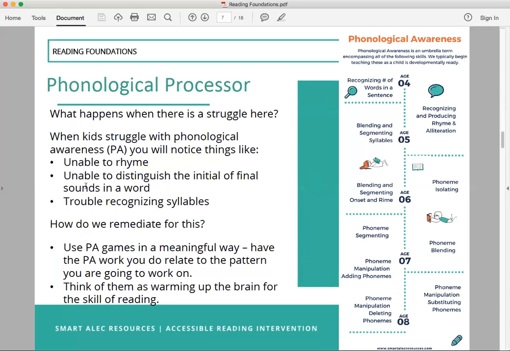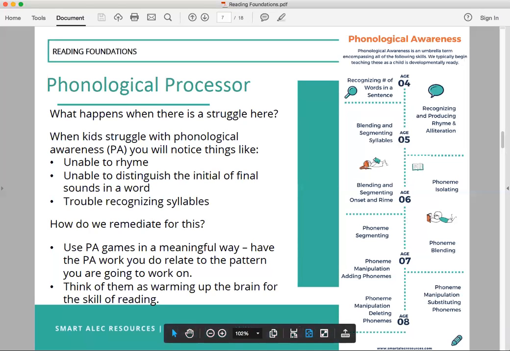Can we tell the difference between them? Can we tell what the first or last sound within a word is? Can we recognize how many syllables are in a word? How many sounds are in a word? And of course, as we progress on down the age, we expect students to get more and more adept at being able to do higher level phonological processing.